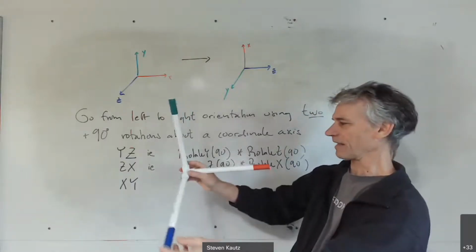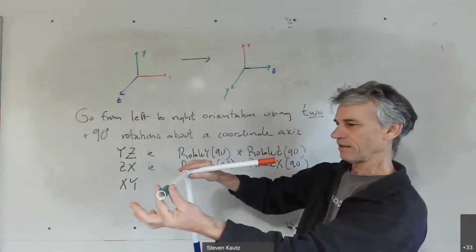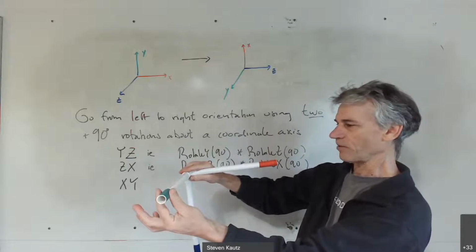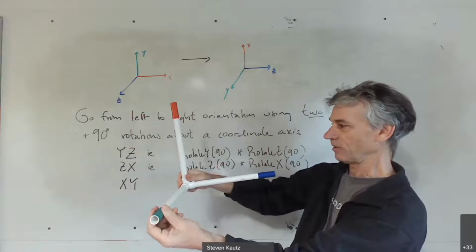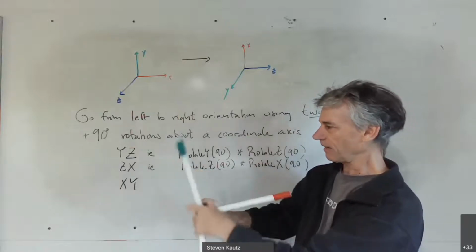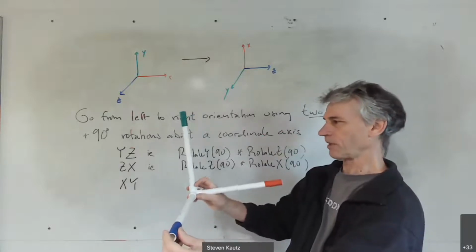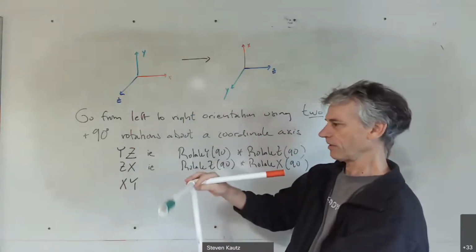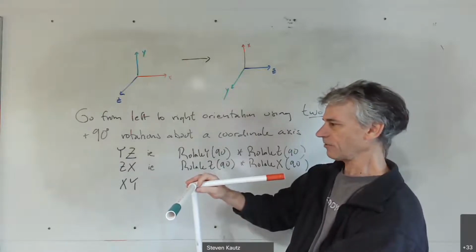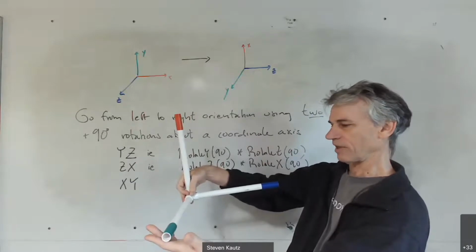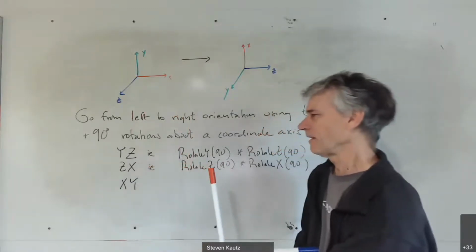If we start with x, do a 90-degree x rotation, then I can multiply on the right with a y rotation, so I get intrinsically a y rotation, and that will bring us back there. And that's this one, but I can also describe that right over here. We start with a 90-degree x rotation, and then extrinsically do a z rotation, and that puts us here. And that's this one, x followed by z.